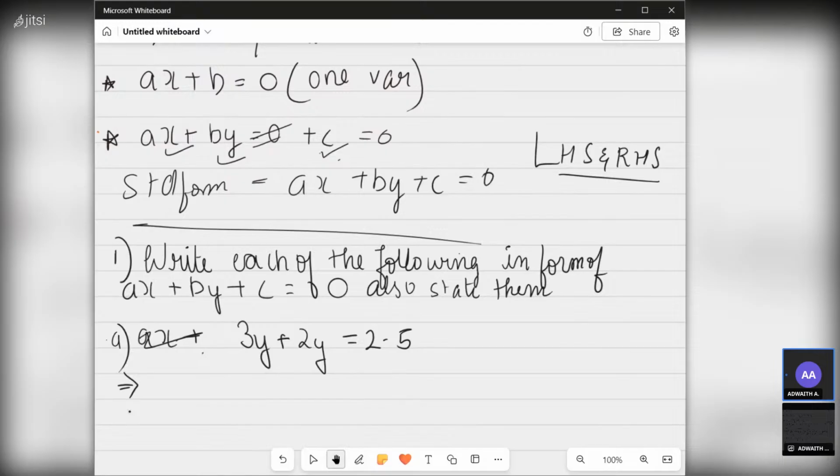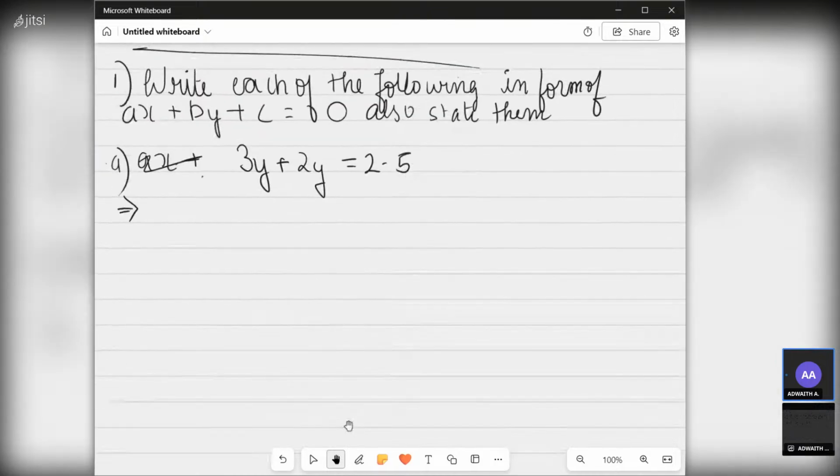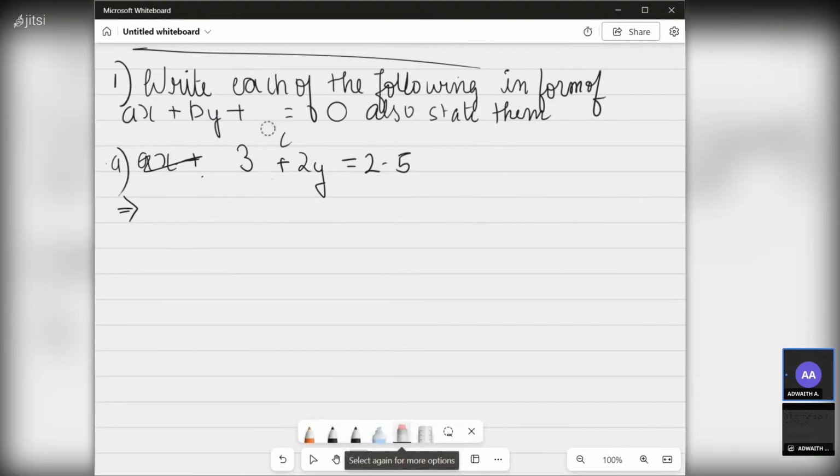We know that x and y, we don't know what is the value of x and y.